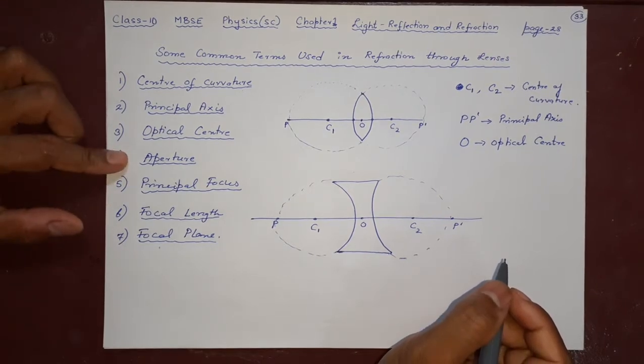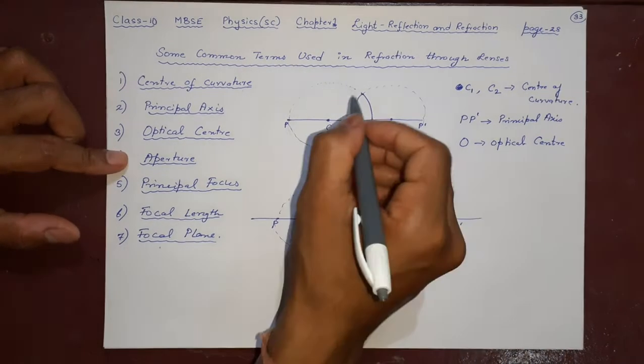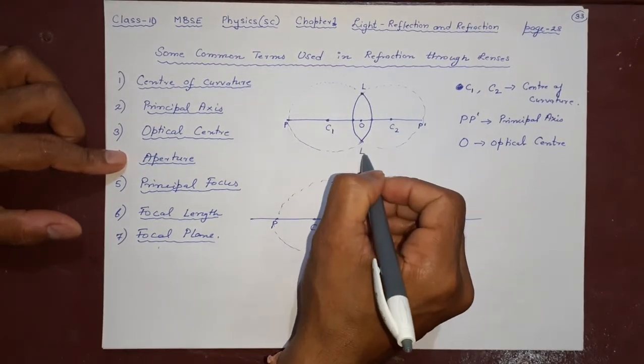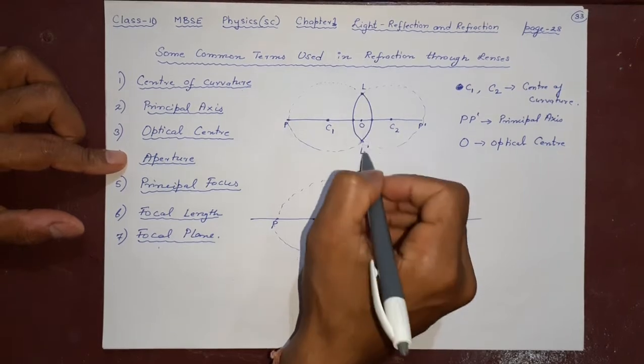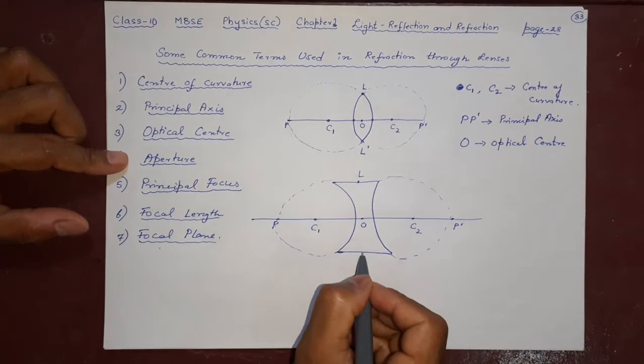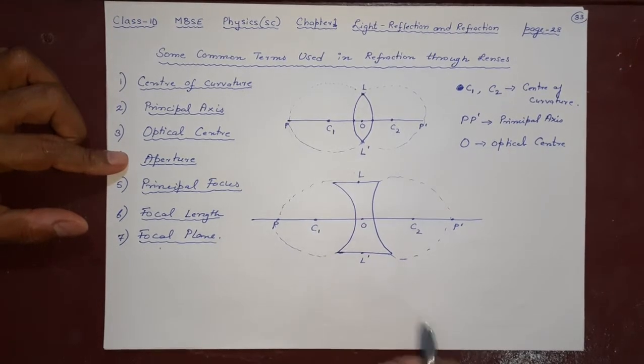Next is the aperture. What is aperture? It's not difficult to understand. Aperture is the size L dash. Here also you can call it L dash. It is the diameter of the surface of the lens.